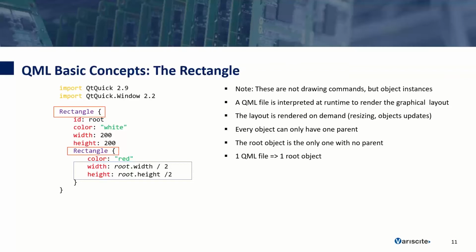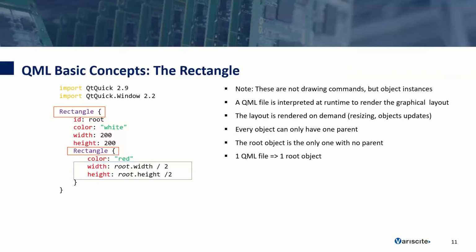This will allow you to have a constantly updated interface. So the layout is written on demand, maybe because of an event coming from a keyboard or from the mouse, or because the window has been stretched by the user or whatever.